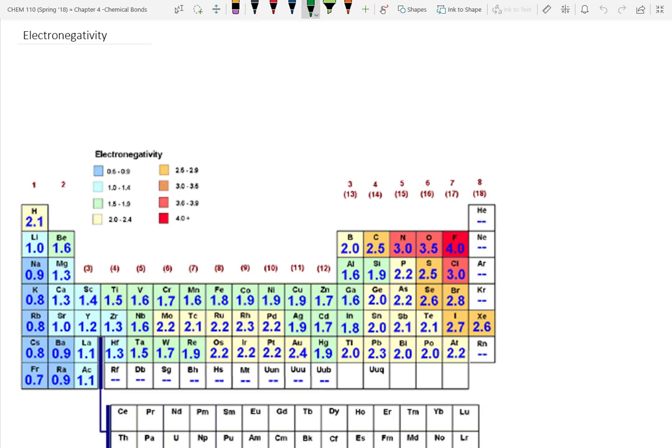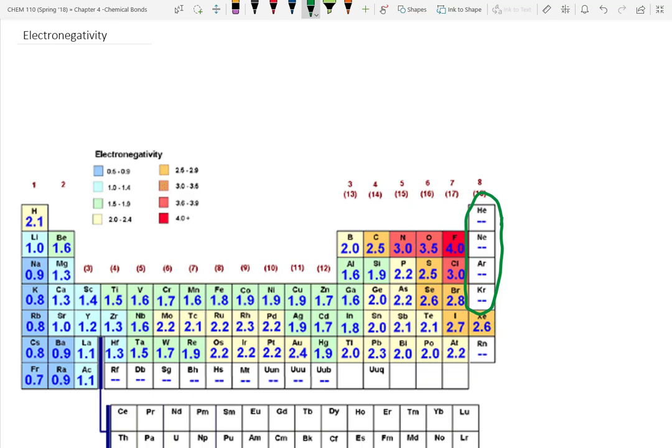The higher the number means the more those elements want to steal electrons. The noble gases, if you notice, have no number. So that means that they really don't want electrons. They're happy as is, with the exception of xenon, because it's just a weird atom in general. The rest of them, though, do want to steal electrons.